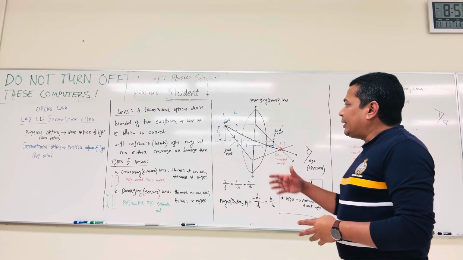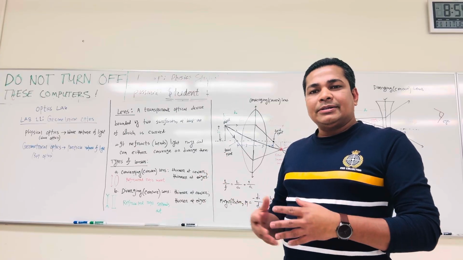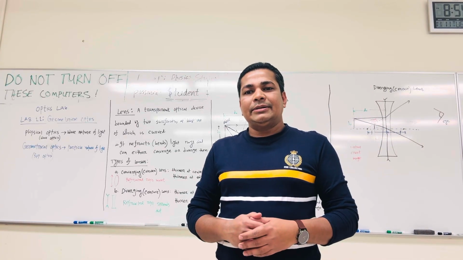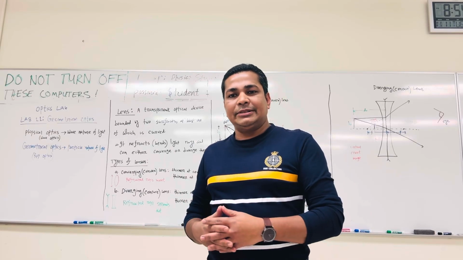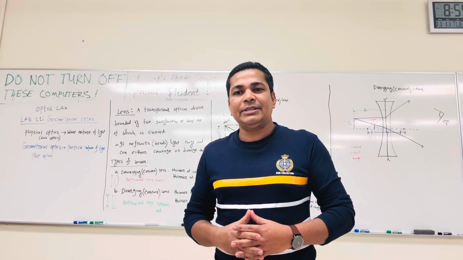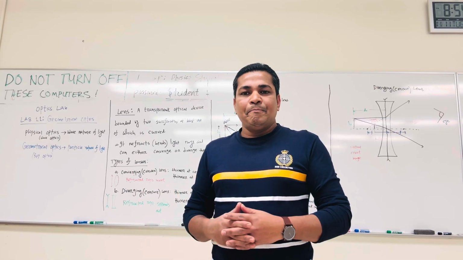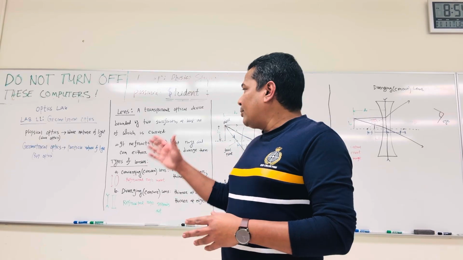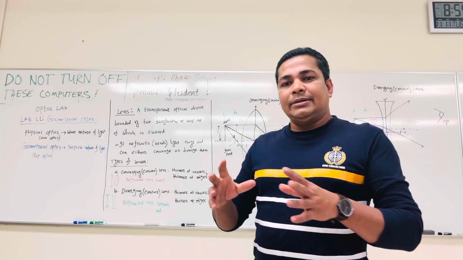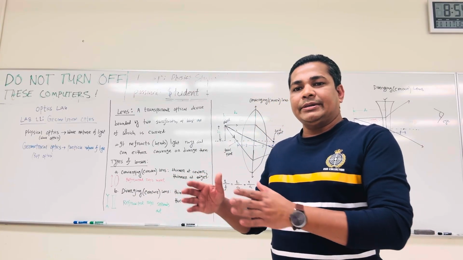We can also explain this image formation using mirrors. For this session, we talked about the theoretical concept of geometrical optics. In the next session, I will show you how we get this image using different types of lenses, I mean converging, diverging.